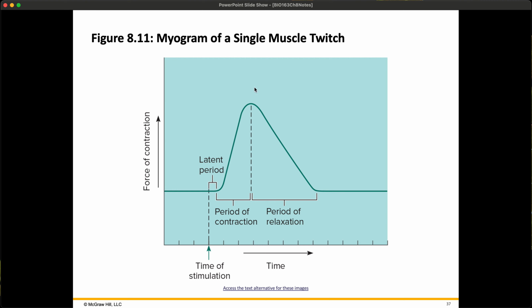And so you have this period of contraction from that one single stimulus, and then it starts to relax. You notice that the relaxation period is much longer than the contraction period. That's because you have to get rid of all that calcium, reform the myosin, and the troponin and tropomyosin bind with the actin. There's a lot more that has to happen. And this also allows our bodies to make sure that we don't go into sustained contractions.